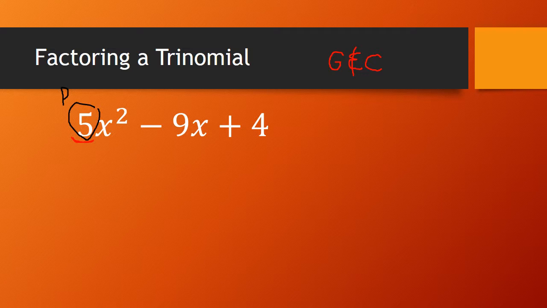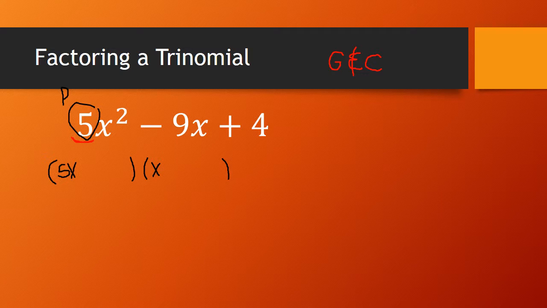And since I have 5 as the product, I know that my only choice of factors that I can use here is 5 and 1. So I'm going to have 5x in one binomial, and I'm going to have x in the other one.